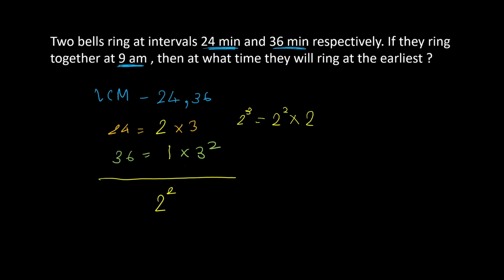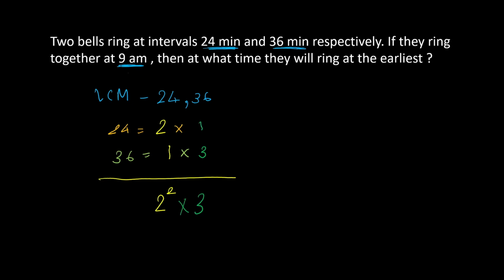I can see there's a 3 common as well. Same thing with 3 squared, which is 3 times 3, so we can cut the 3s off. I'll be left with a 3 here and a 1 here.